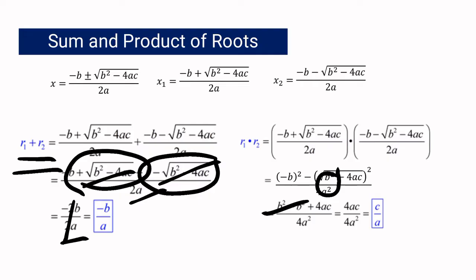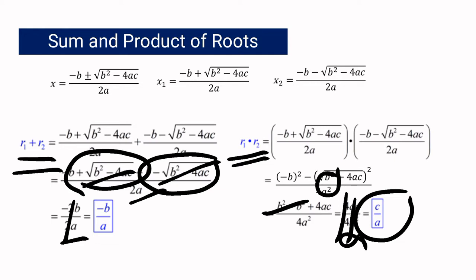So we are going to cancel that out. So what's left will be 4ac over 4a squared. And if we simplify that, we are going to cancel 4a. We will be having a remaining a here. That is why to get the product of the roots, you are going to use the ratio c over a.